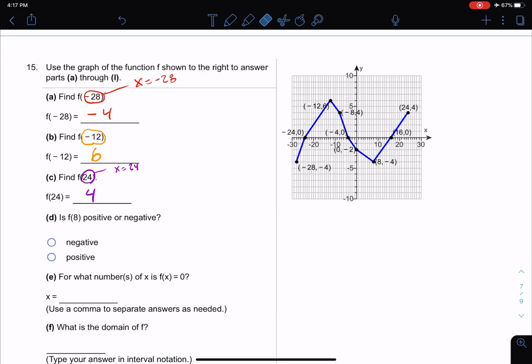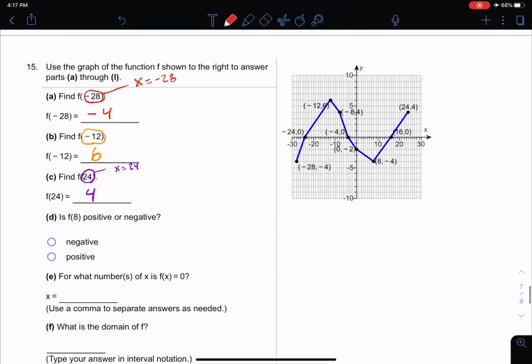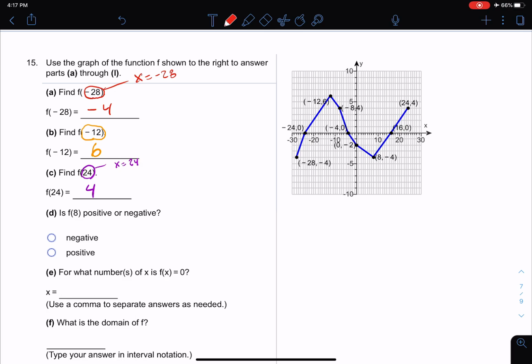Okay, now this one's a little bit tricky maybe. This one says f of 8. Is f of 8 positive or negative? Well, what this is basically saying is when x is 8, is the y value positive or negative?